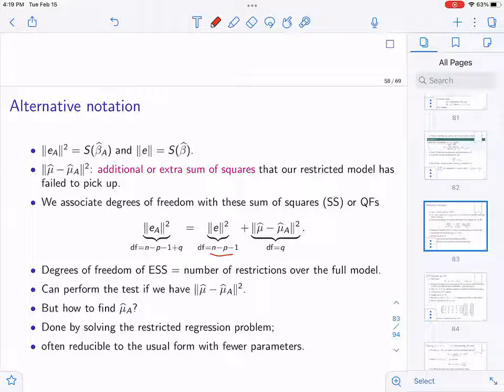And then you can associate a number of degrees of freedom to this, which is just going to be n minus how many parameters are in that restricted model. If you recall, the number of parameters in the restricted model is p plus 1 minus q, because we have q constraints that eliminate q degrees of freedom.